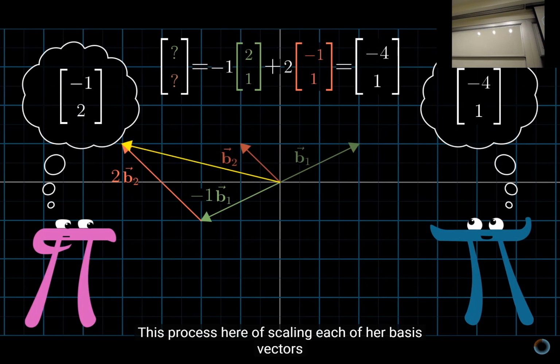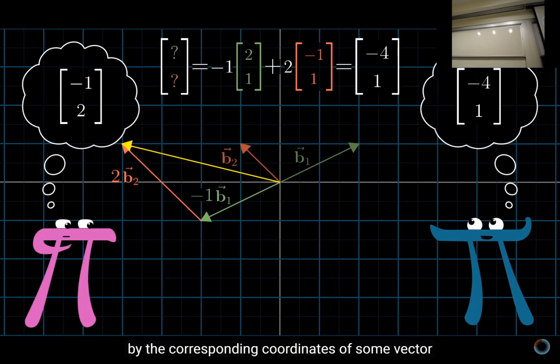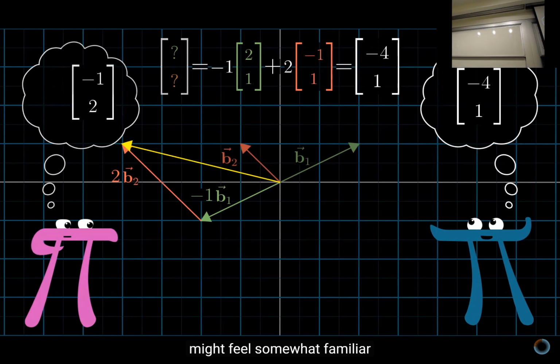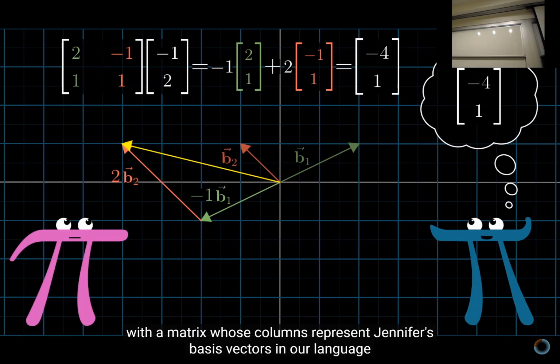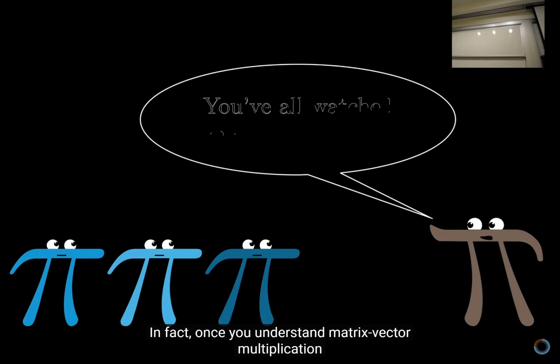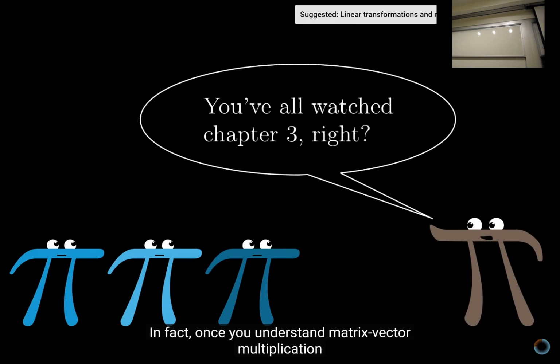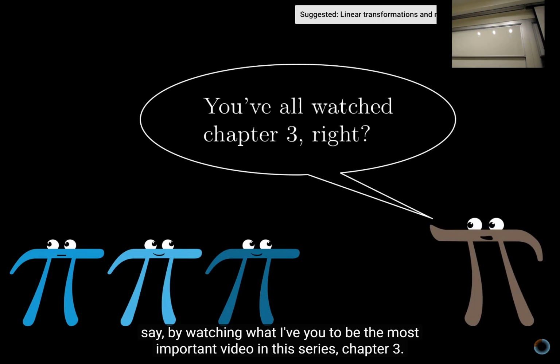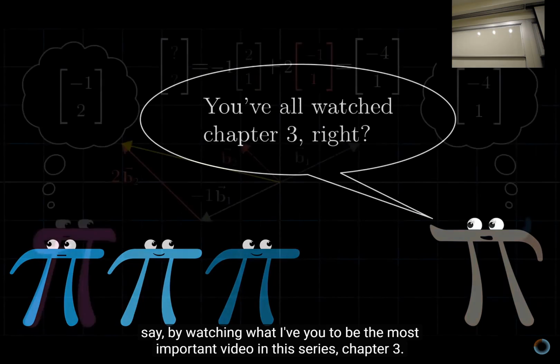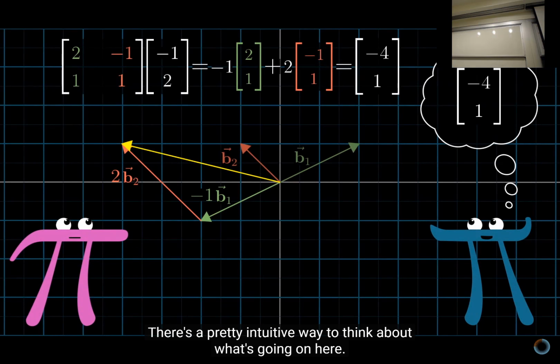This process here of scaling each of her basis vectors by the corresponding coordinates of some vector, then adding them together, might feel somewhat familiar. It's matrix vector multiplication, with a matrix whose columns represent Jennifer's basis vectors in our language. In fact, once you understand matrix vector multiplication as applying a certain linear transformation, say by watching what I view to be the most important video in this series, Chapter 3, there's a pretty intuitive way to think about what's going on here.